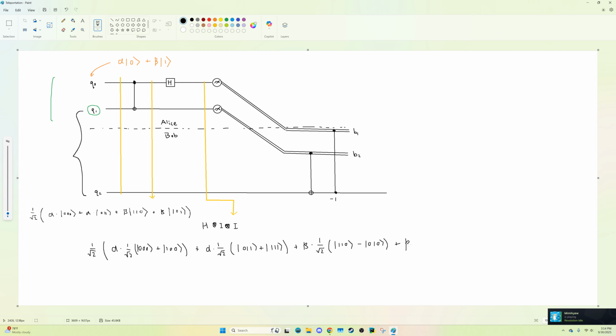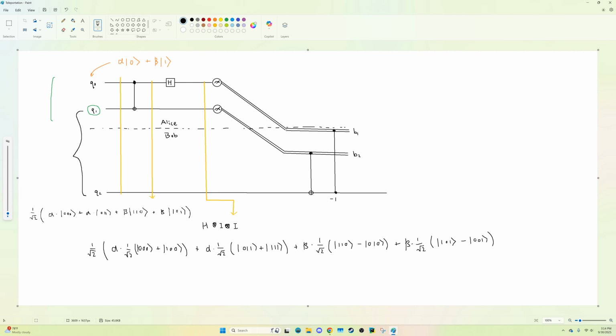And we're going to add beta times 1 over square root of 2 times, instead of 1, 0, 1 plus, or not plus, sorry, minus, because of the 1 here instead is a minus, minus 0, 0, 1. Okay, so that is the full expanded notation of the 3 qubit system state after applying the H gate.